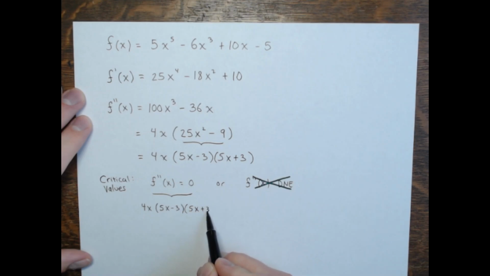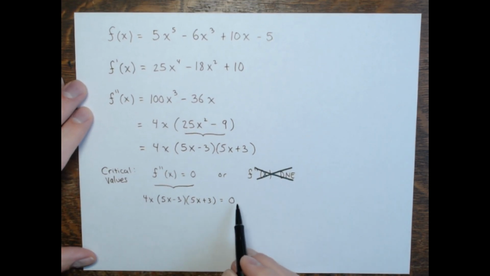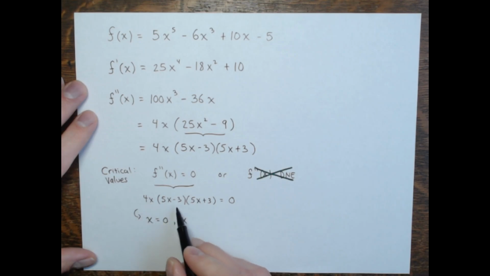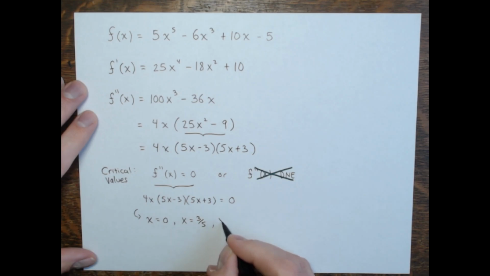Just writing the factored form of the second derivative. And again, I hope it's clear when it's in factored form that this happens when x equals 0, right? Because x is one factor. When x equals positive 3/5 would make this middle factor 0, the 5x minus 3. And when x equals negative 3/5, right, that makes the 5x plus 3 factor 0.